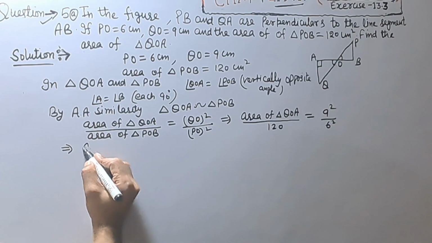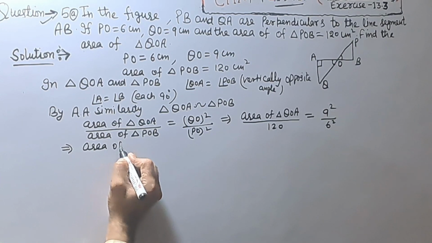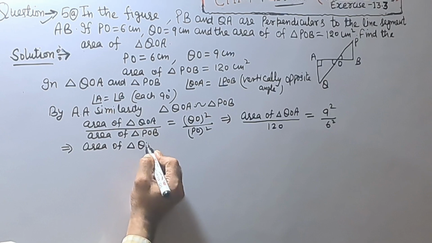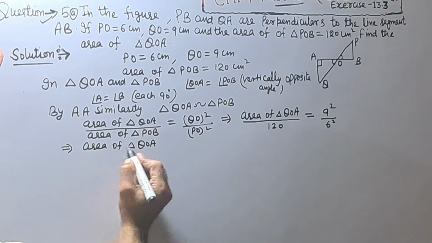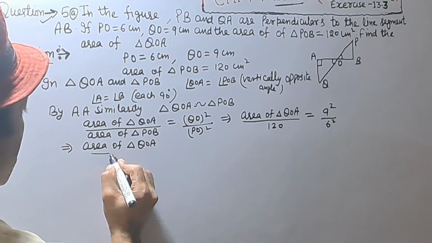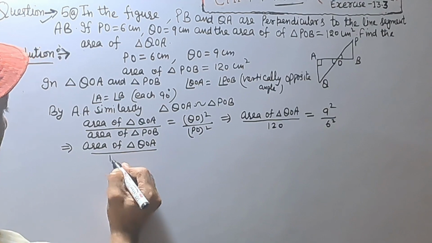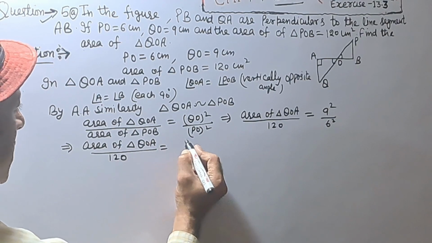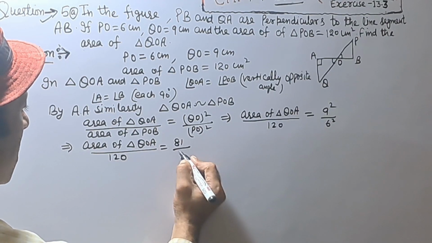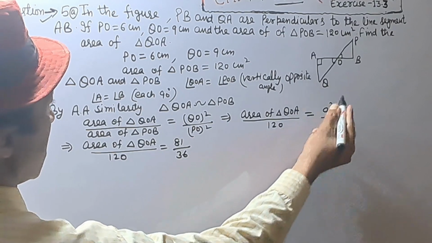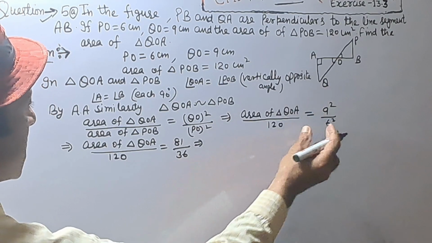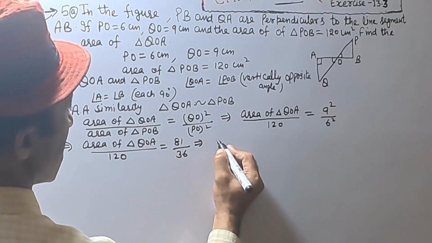Which implies area of triangle QOA divided by 120 is equal to 81 upon 36. 9 9s are 81 and 6 6s are 36.